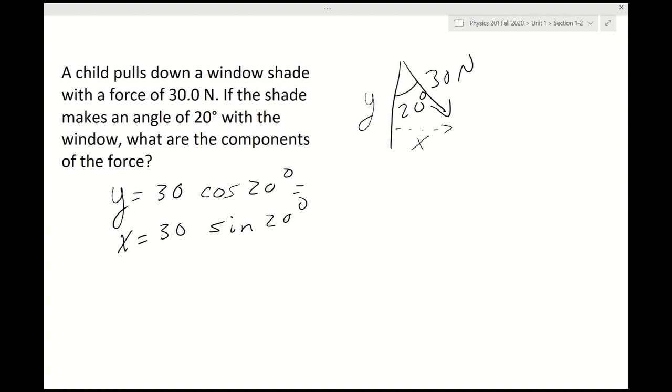So the sine of 20 degrees is approximately 0.3420.